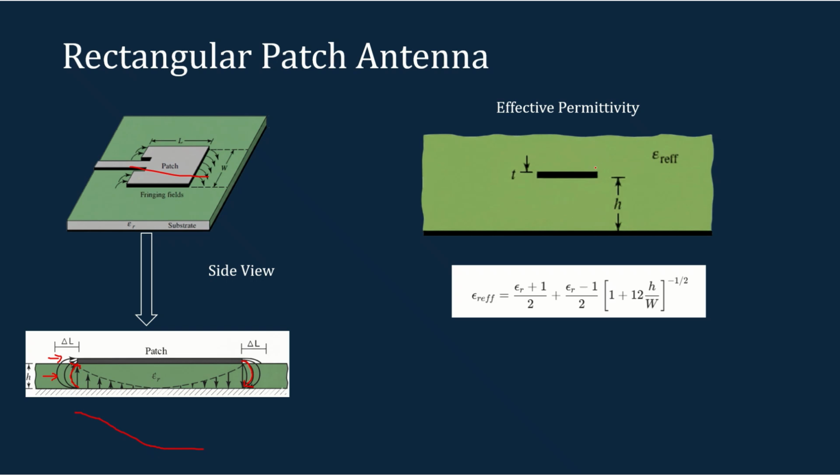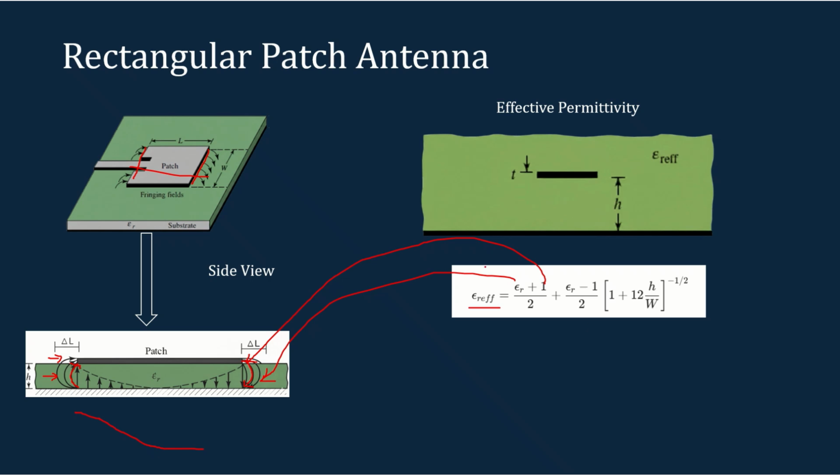A combination of both the dielectric and the air will constitute the effective permittivity, which can be given by epsilon r effective equals epsilon r plus 1 by 2, where epsilon r is due to the dielectric and 1 is the relative permittivity of the air, plus epsilon r minus 1 by 2 into 1 plus 12 h by w, because we are considering the fringing along the w dimension, that is why this factor has come, whole to the power of minus 1 by 2. So this is the effective permittivity of the material.